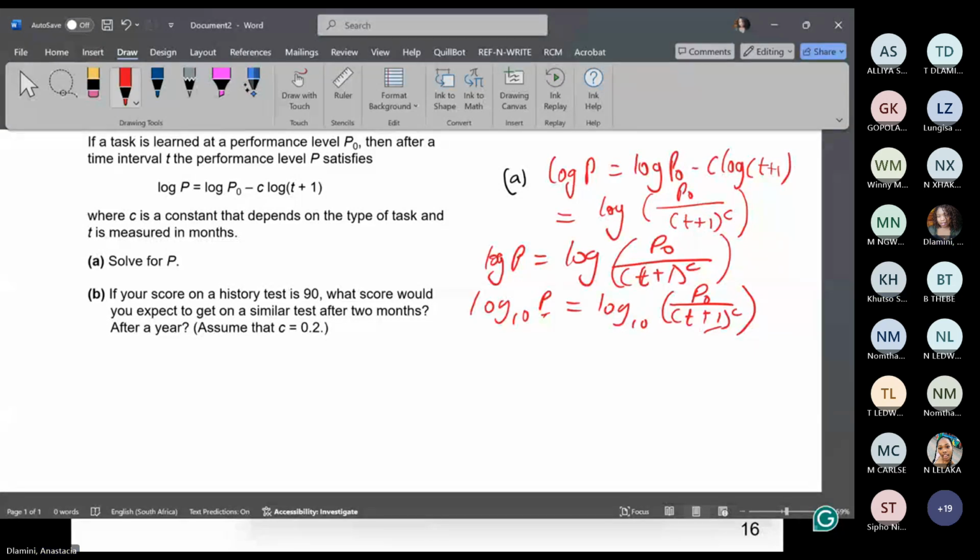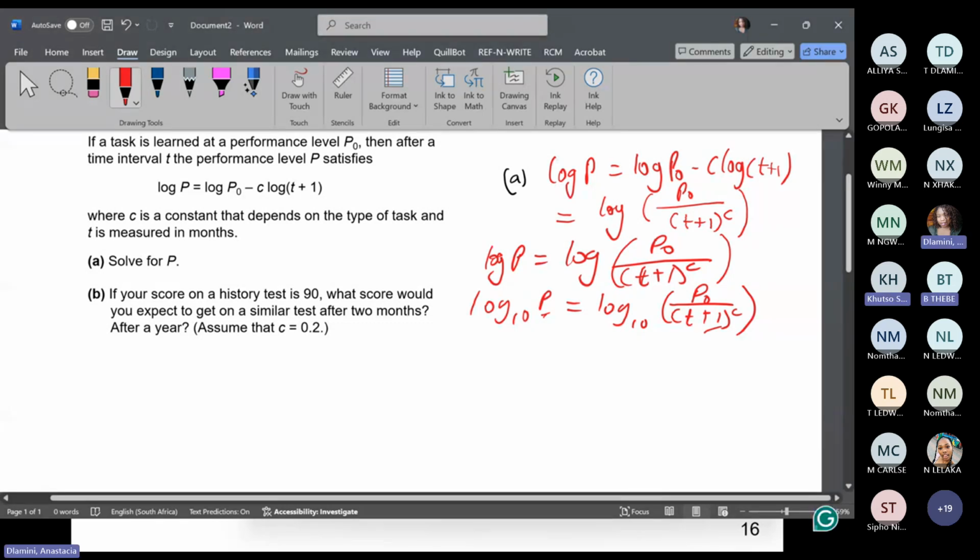Ma'am, isn't the P going to push the P0 divided by the T plus 1 to the power, so we get rid of the logs? But how do you get rid of the log, guys? You can't just get rid of the log. You don't divide. Why do you say you can't divide? You can't divide. So if you divide, you're going to do what?